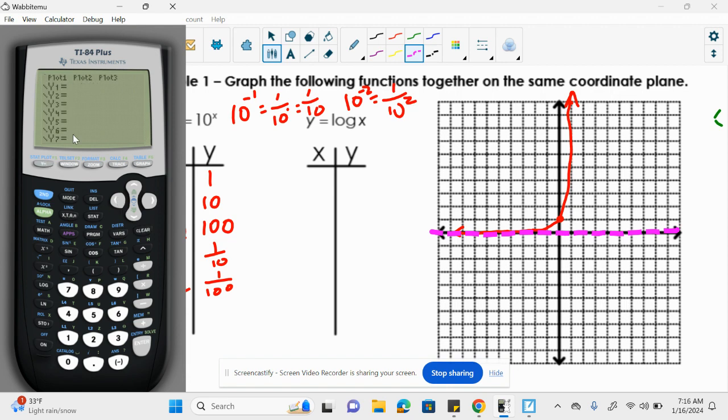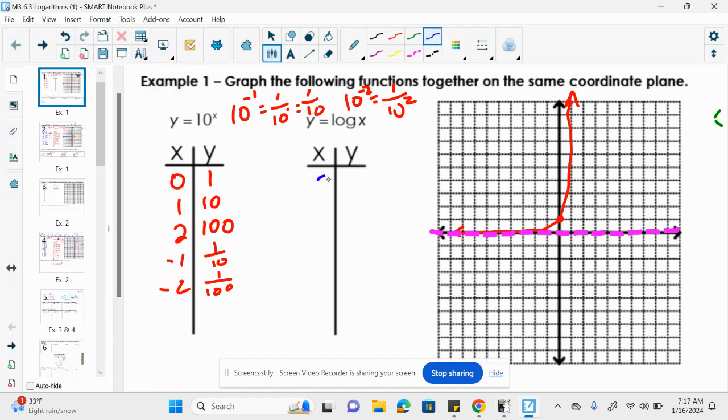Okay, so we go into y equals. We see log on the left side here, where we could hit log of x. And we could pull up the table of values to see what points we get there. So let's pull up our table. What do we got? So at 0, it says error. Okay, well, that's fine. Let's just write that. So 0, we get error.